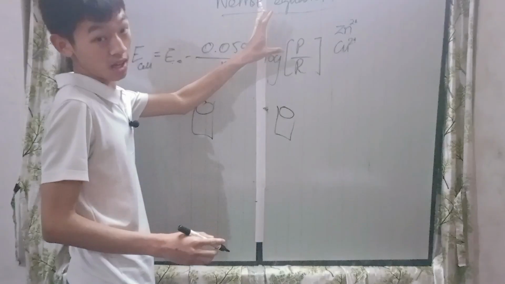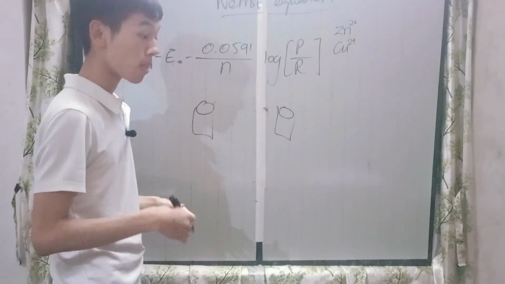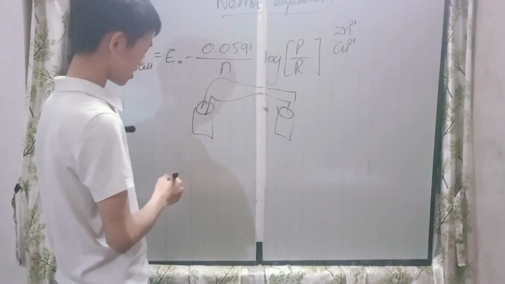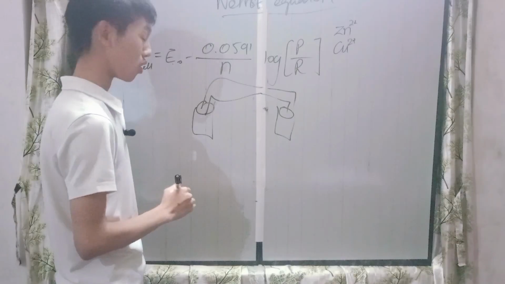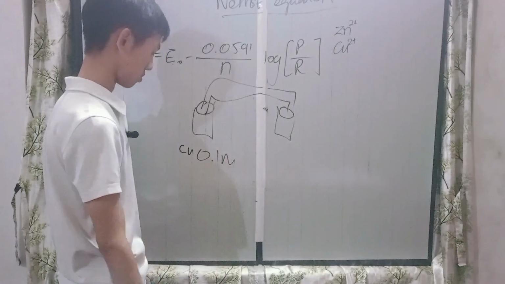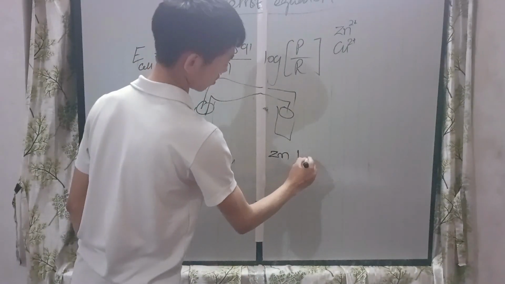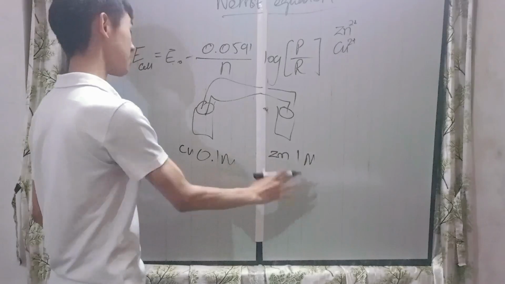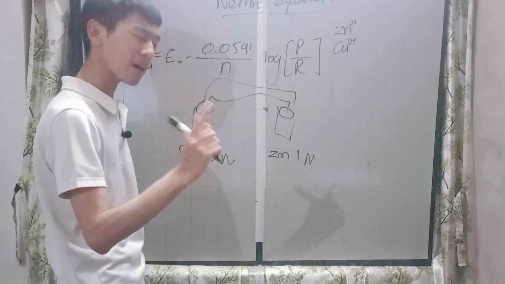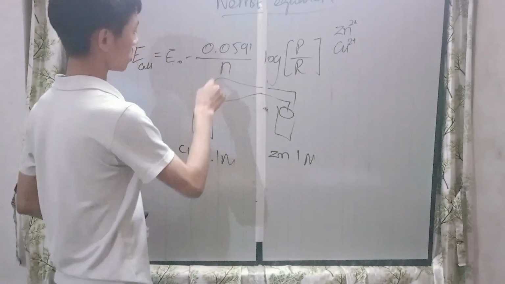We use this formula when the two solutions have different concentrations. For example, the concentration of copper can be 0.1 mole, and here the concentration of zinc can be 1 mole. In this case, where everything else is under standard conditions, but there is a difference in concentration between the two solutions, we use this formula.